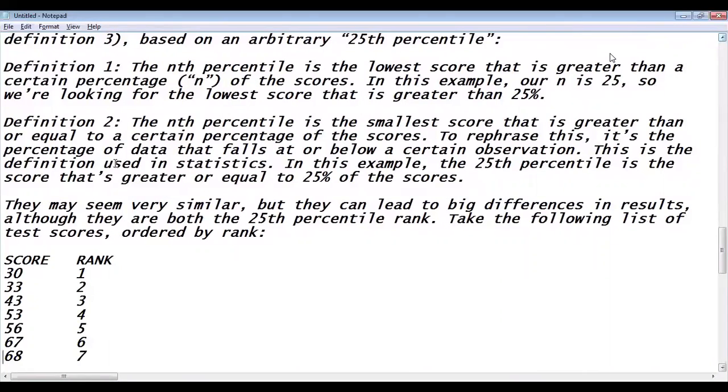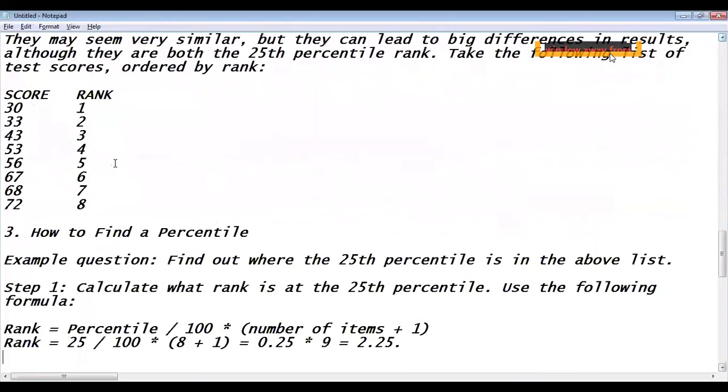Now we will understand how to find the percentile using all the methods. So how to find a percentile? The question is to find out where the 25th percentile is in the above list.